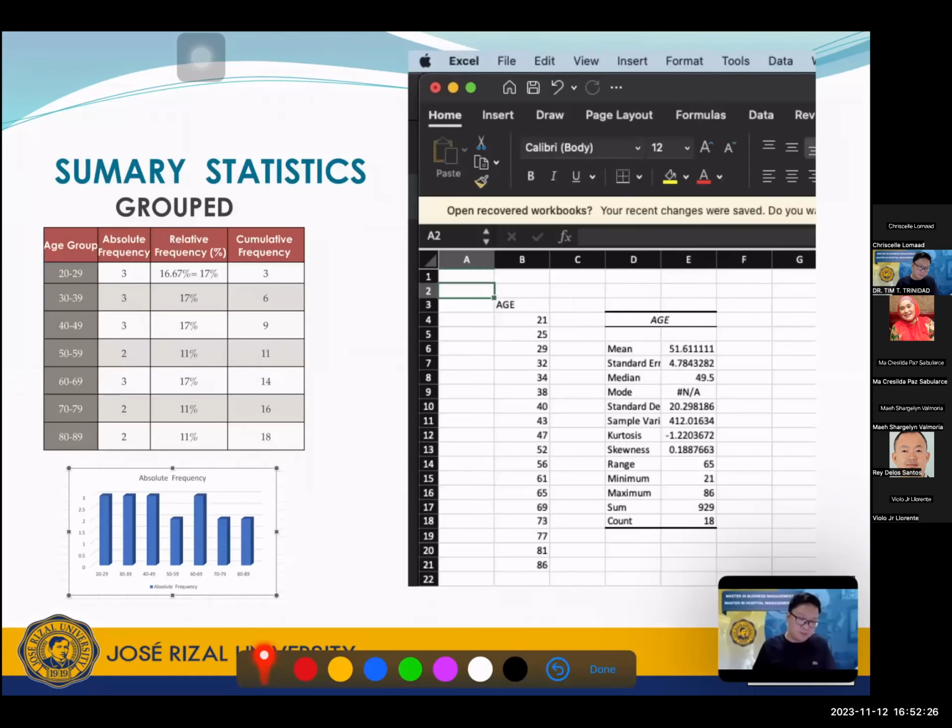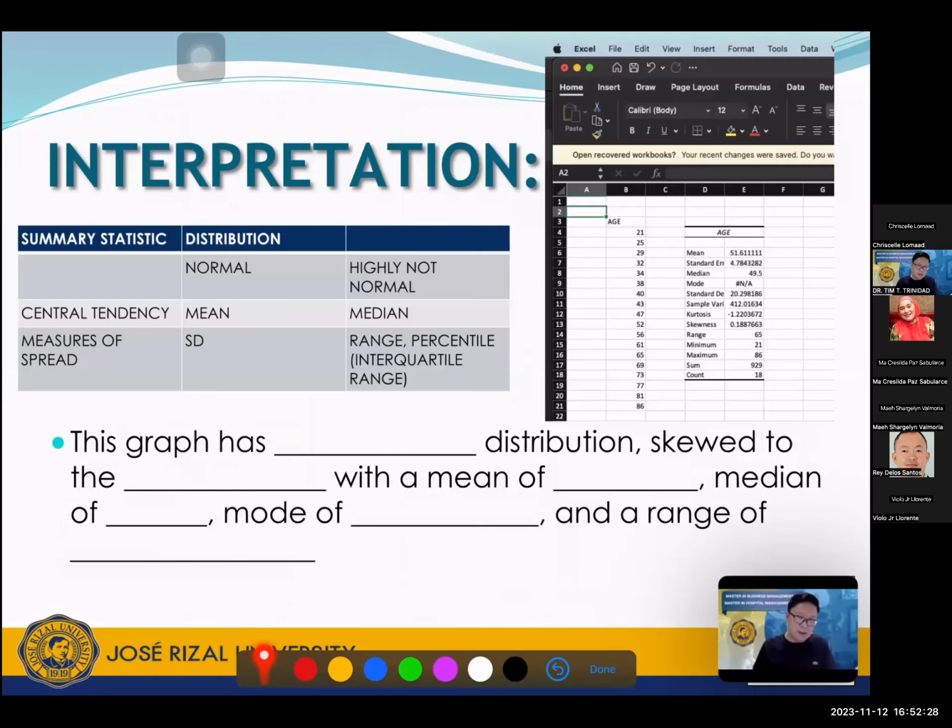So that in your summary or in your conclusion, you can now write down all the information in summary about your collected data. Okay. Are we clear?